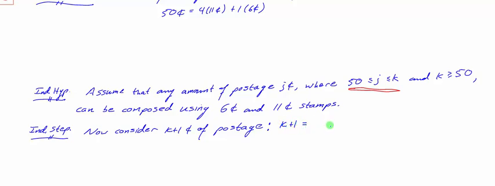K plus 1 is going to be equal to, well, I have 6-cent and 11-cent stamps, and in general, when you're doing these sorts of problems, you want to basically pull off the smaller denomination of postage or bills or whatever you're looking at. So I'm going to write this as 6 cents plus, and then to get to k plus 1, I would have k minus 5. So now we can get the 6 cents of postage from one 6-cent stamp.